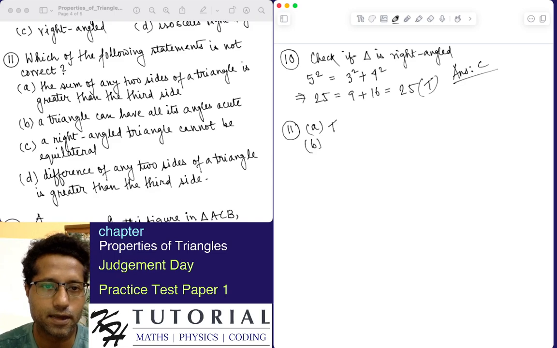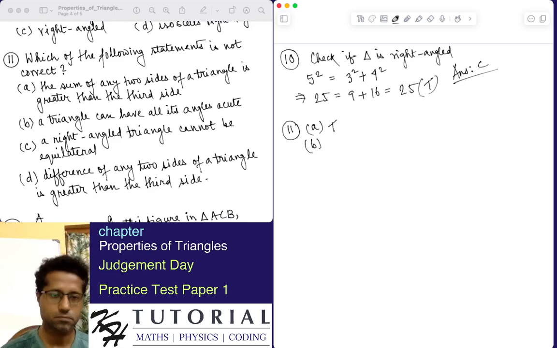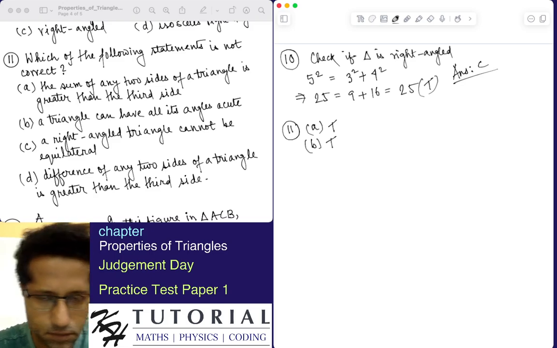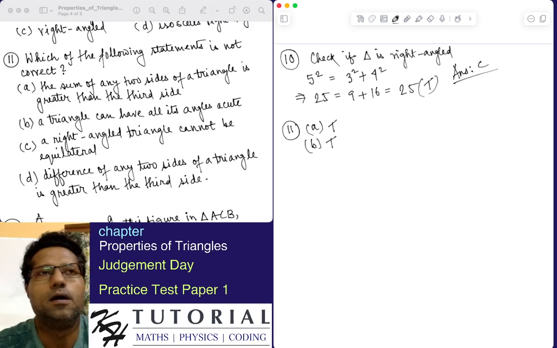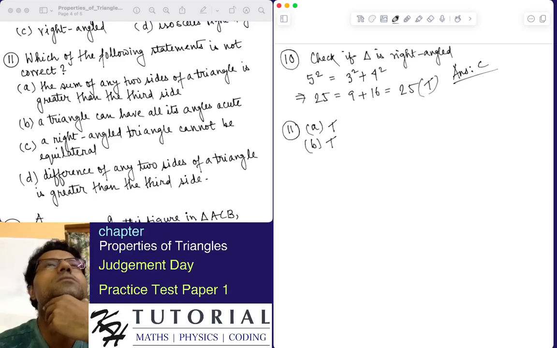What is B saying? A triangle can have all its angles acute. This is also correct, because there is a type of triangle known as an acute angled triangle, where all three angles of the triangle are acute.